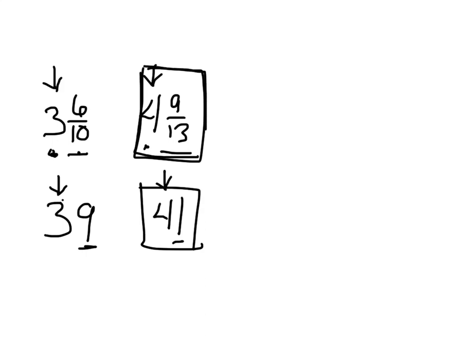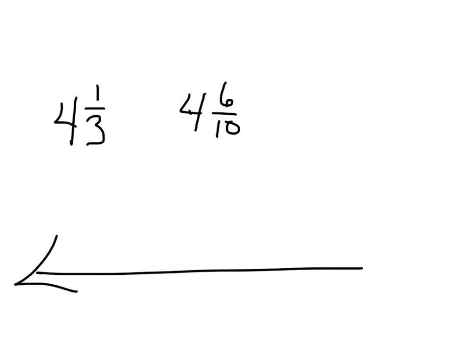All right, let's try some other ones. Maybe something that's not so close. Let's say, what if we have 4 1/3, and we want to compare that to 4 6/10. Do I need to draw a number line that starts at 0 and goes to 1 and goes to 2 and goes to 3 and goes to... No, because I'm not going to use any of this, right?